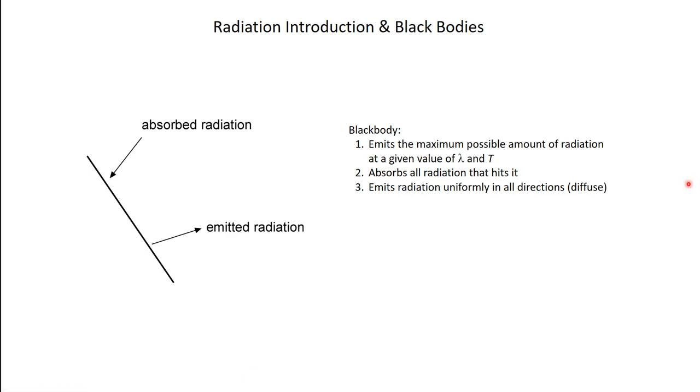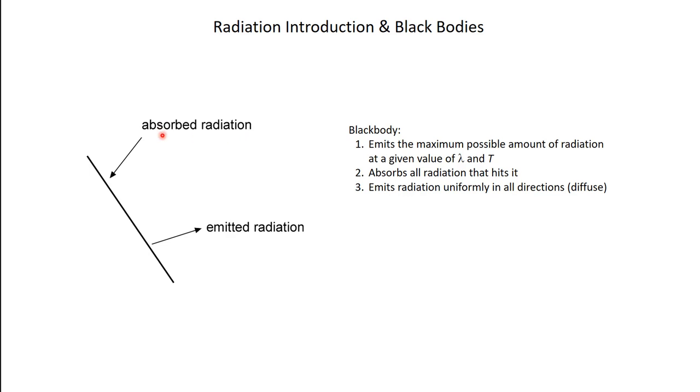So those are the two parts to our problem, and we'll actually tackle them that way. We need to know how much radiation is absorbed by the surface. We need to know how much radiation is emitted by the surface. It turns out that this part of the problem, how much is emitted, is a lot easier to think about than this part, how much is absorbed. Because how much is absorbed depends on how much is hitting the surface.